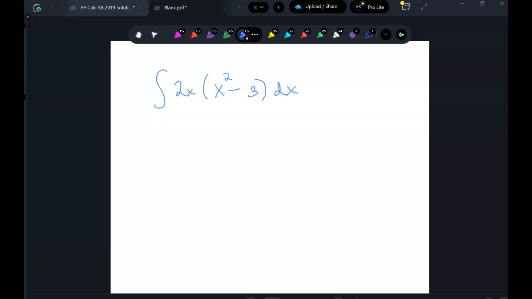Because if you do u, you would make it x squared minus 3, and then you would get 2x. The only way I can do this is u substitution. Do you see the difference? I'm just giving you different alternatives.